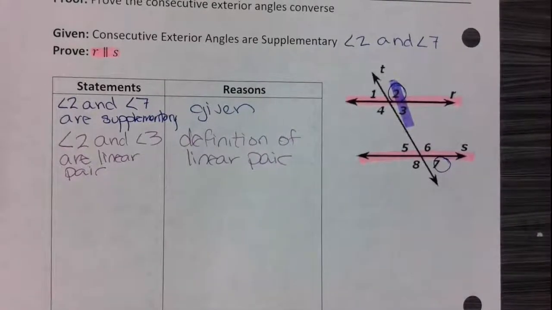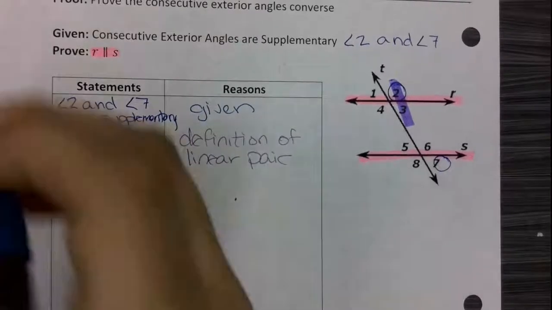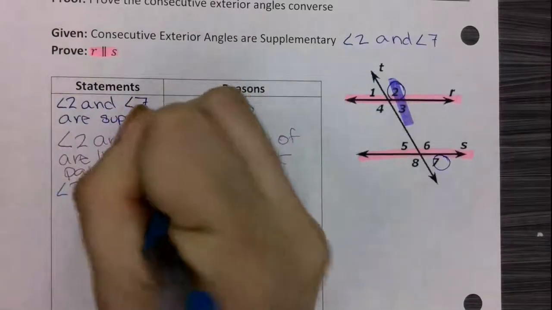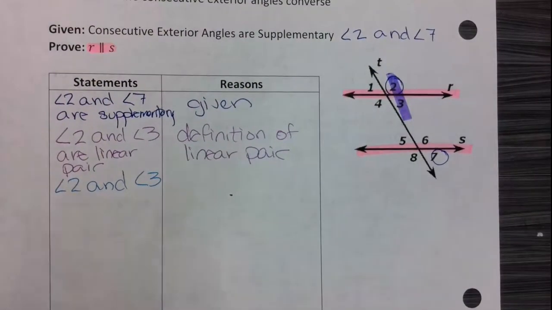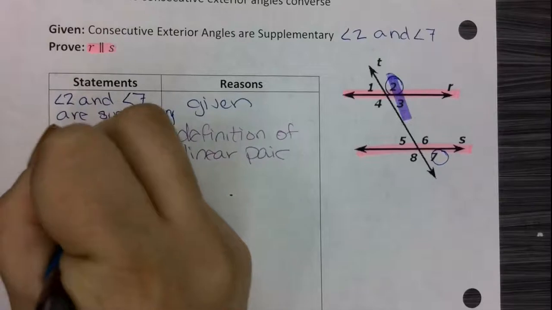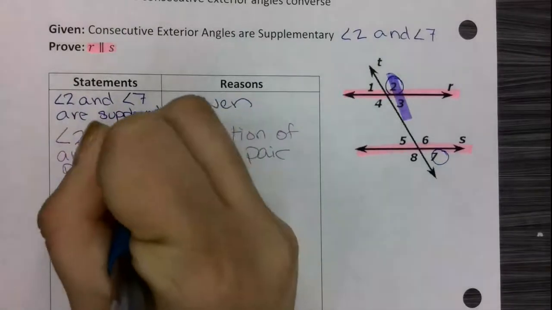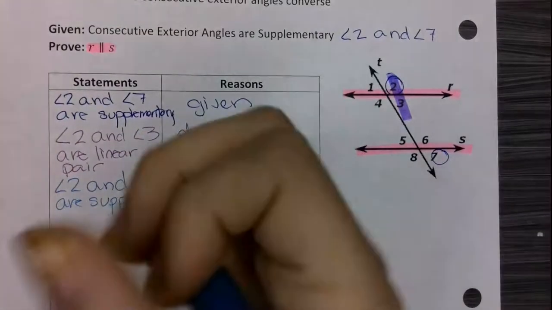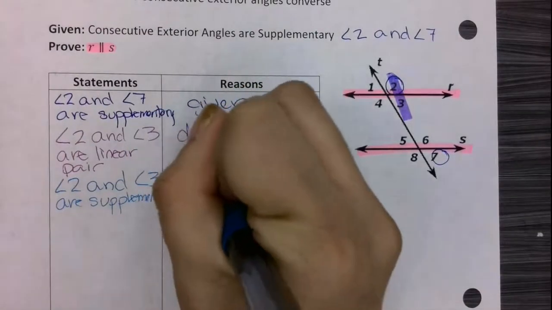Okay. Then angles 2 and angle 3 are supplementary. And this is by the linear pair postulate.